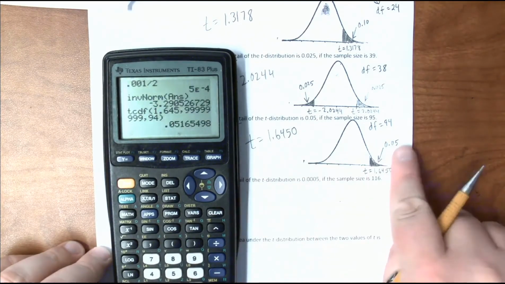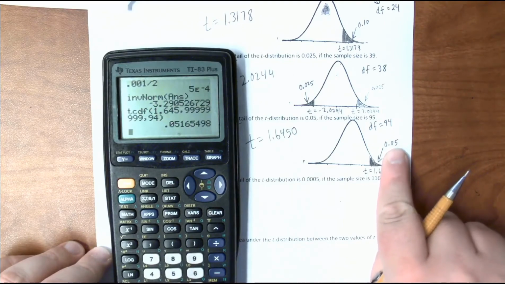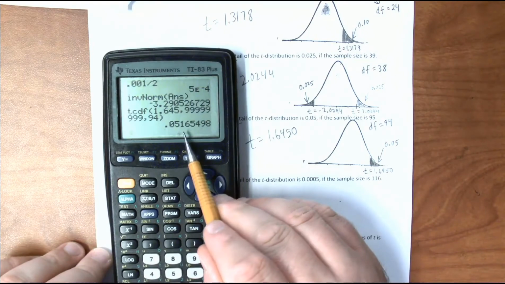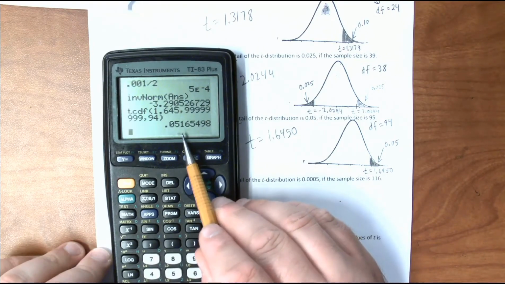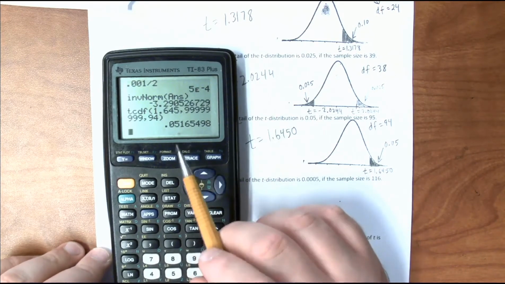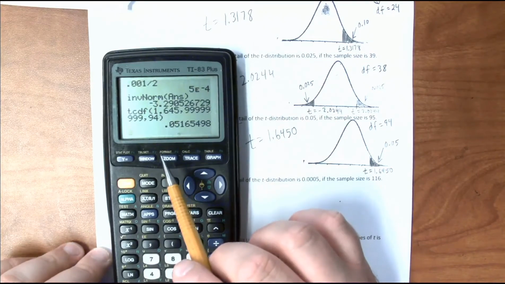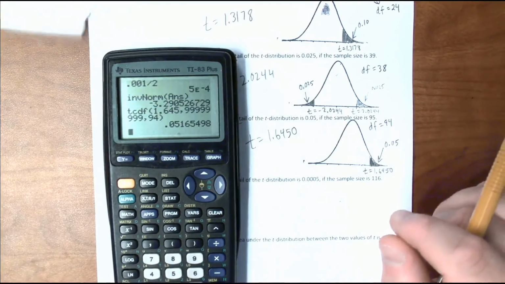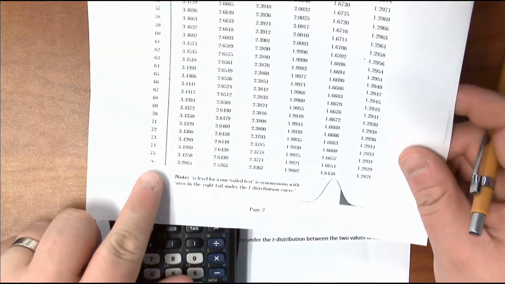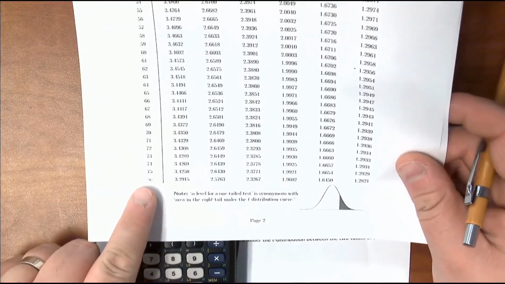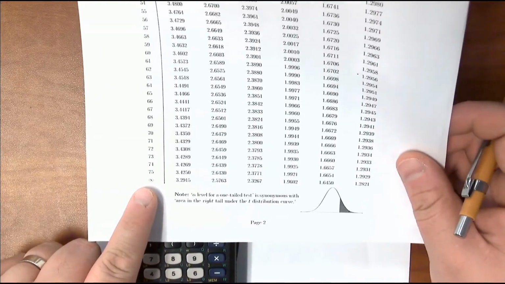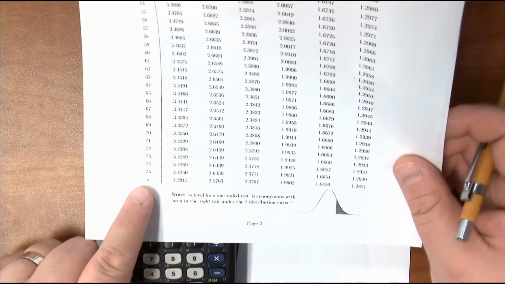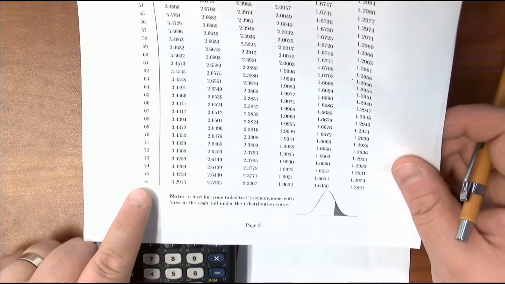And notice that it's approximately 0.5. Now the reason that it's not really, really close to 0.5 is because the calculator can actually calculate degrees of freedom for any sample size you give it. This bottom row is basically acting like a very, very big sample size.